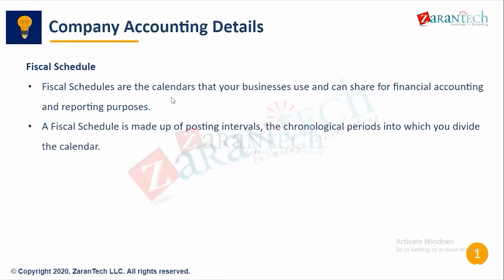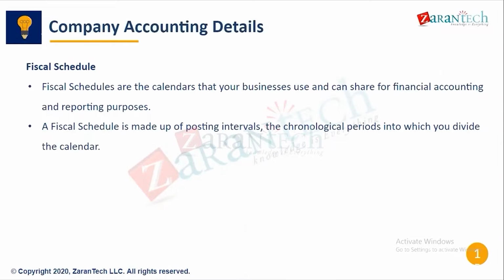Then we defined the fiscal schedule. Fiscal schedules are the calendars that your business uses and shares for financial accounting and reporting purposes. A fiscal schedule is made up of posting intervals, the chronological periods into which you divide the calendar. So we designed one fiscal schedule.